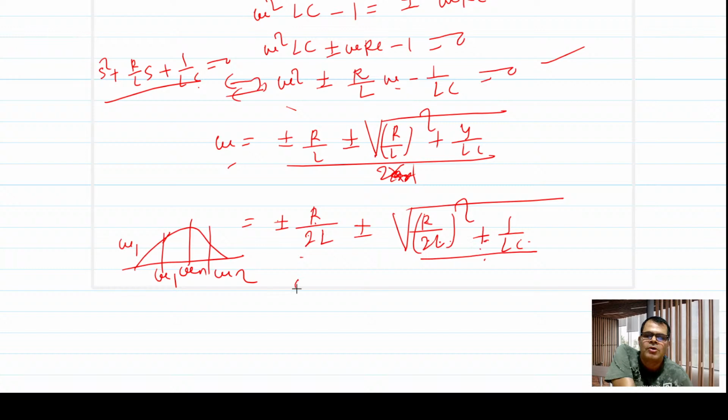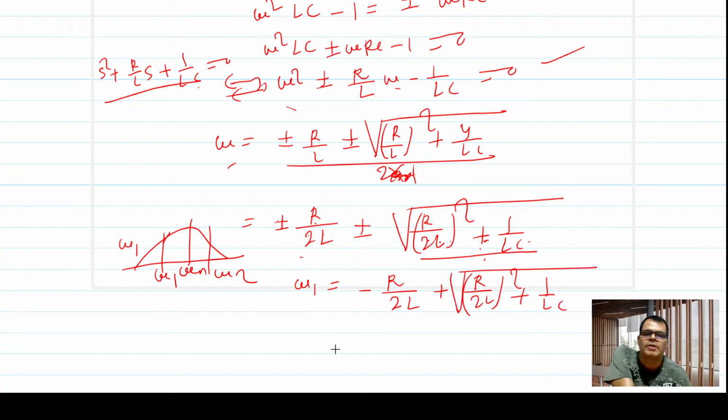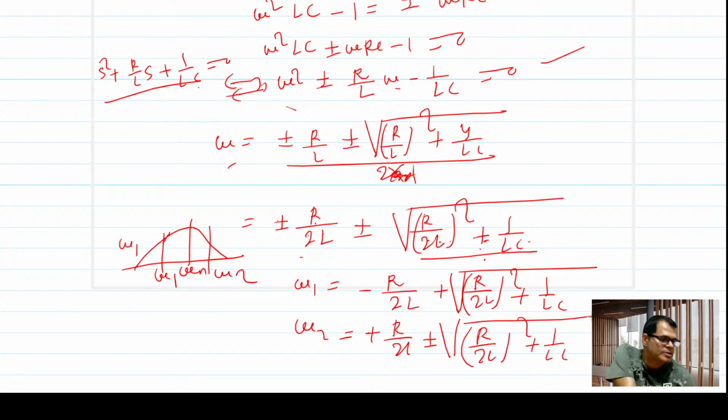So I can write omega 1 is equal to minus R upon 2L plus root over R upon 2L square plus 1 upon LC. Obviously omega 2 will be plus R upon 2L plus root over R upon 2L square plus 1 upon LC. This is omega 1 and omega 2.